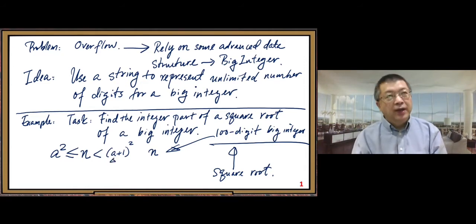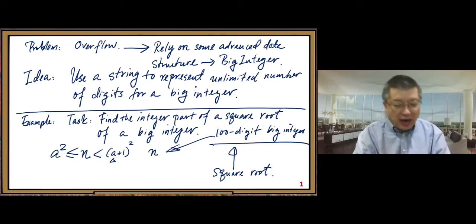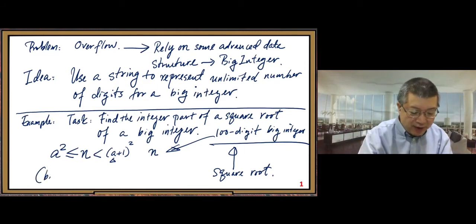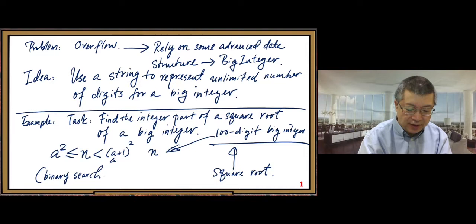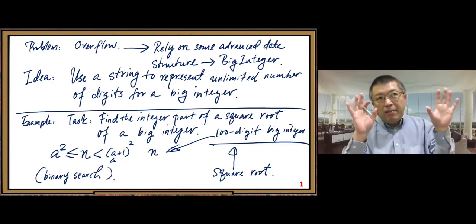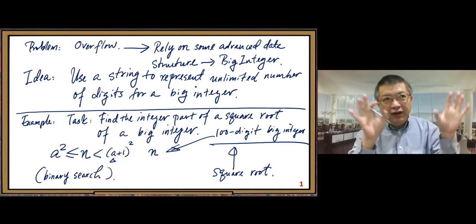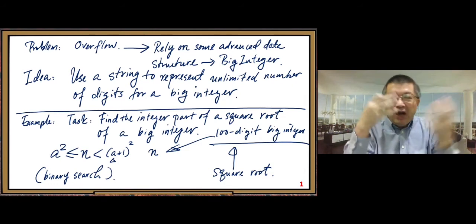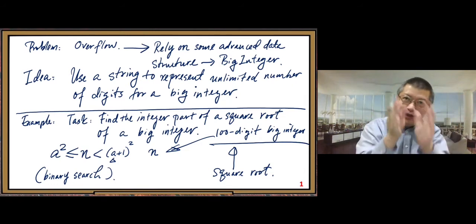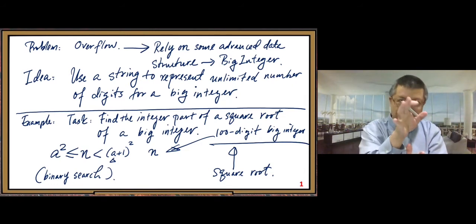In this example, I use the binary search idea. You know the binary search, right? If you look at my code and try to understand, I modify the binary search method.